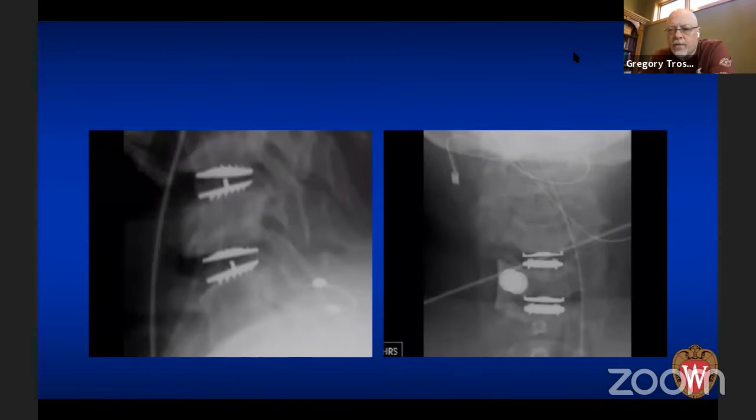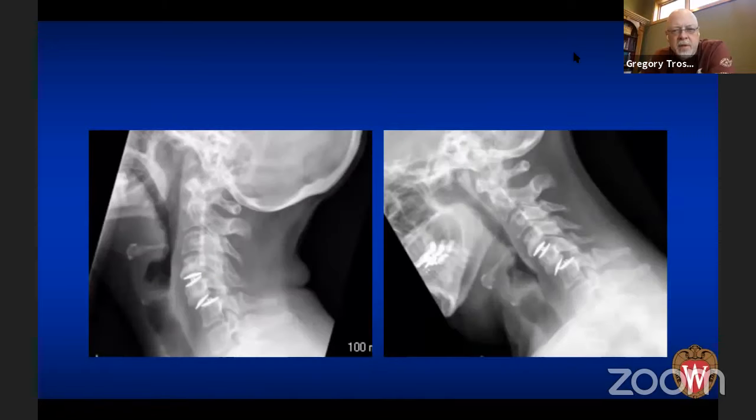She actually did well for maybe six or seven months, and then developed some neck pain and maybe a little bit of numbness in her hands. She went back to her primary care doc and had this. The operating surgeon said, "I have no idea what to do with this," and sent it down to me to look at.